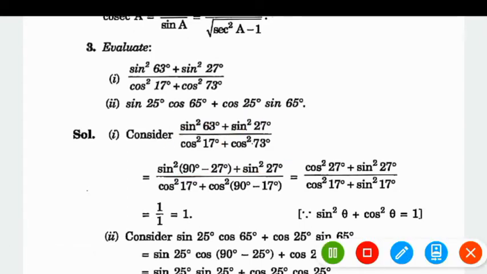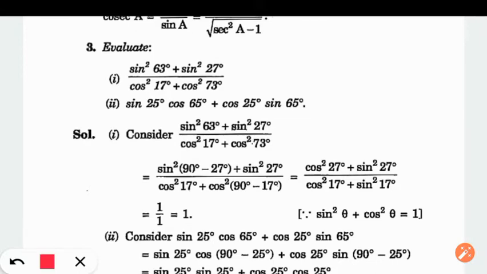So I have changed cos square 73 degree. Basically we change those trigonometrical ratios with larger angle. So here 73 degrees is larger than 17, that is why. But there is no hard and fast rule, you can change any one. Now in place of 73 we can write 90 minus 17.